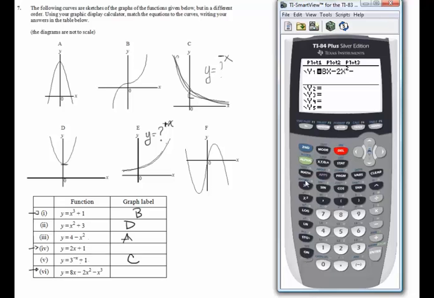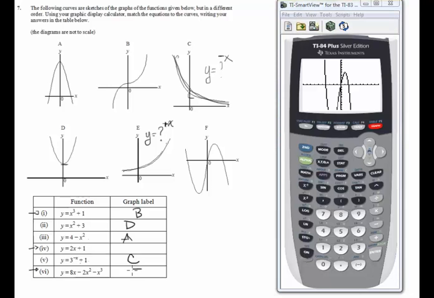X to the 3rd. And yep, that's looking like that one. So we can have F.